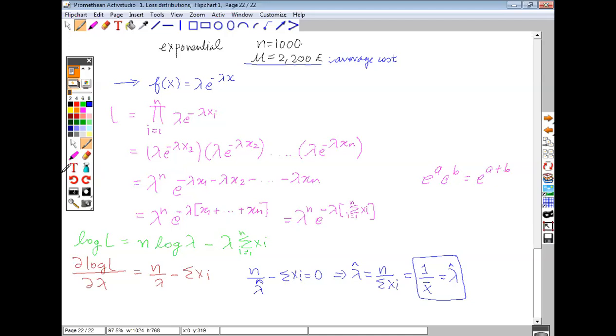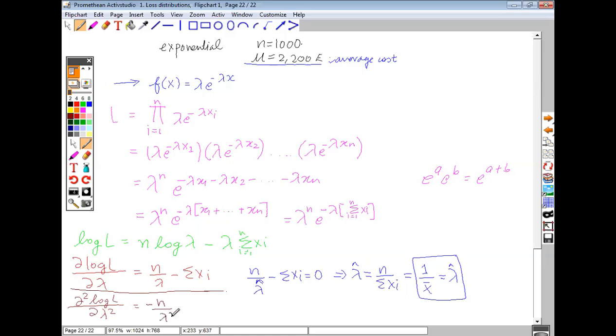Exactly right. We ought to check whether what we have derived is indeed the maximum or not. So what should I do? Differentiate it again and see if the value is more than or less than 0. So I'll have to differentiate this again. And what will I get? Minus n by lambda square.